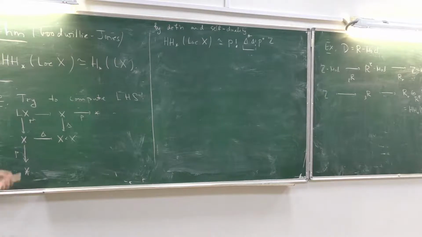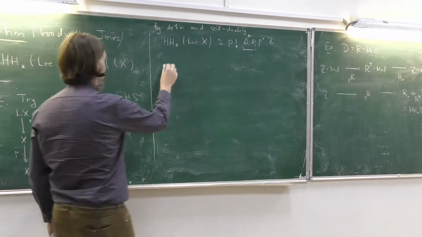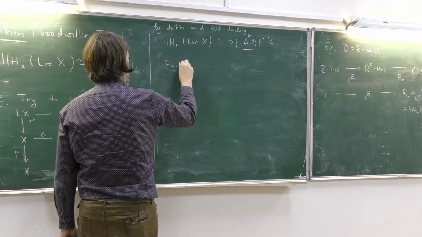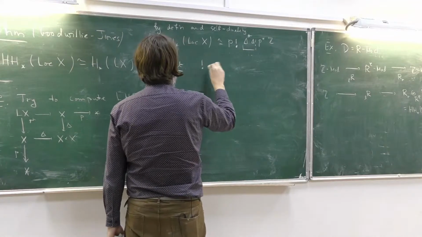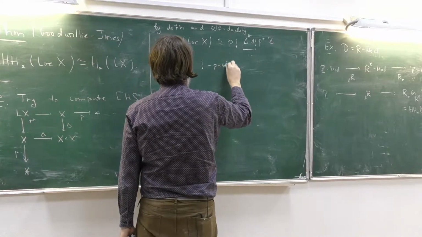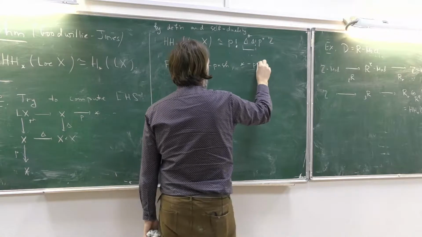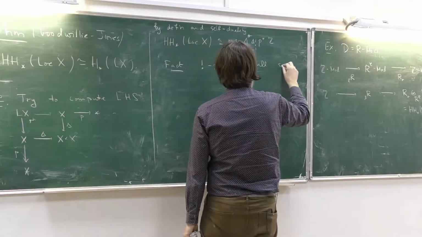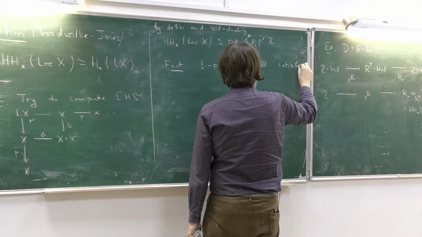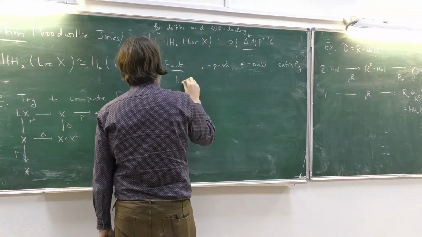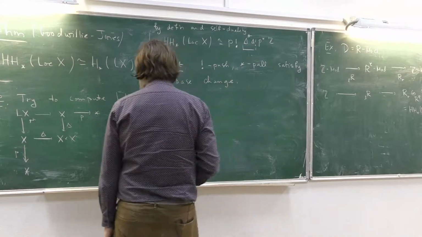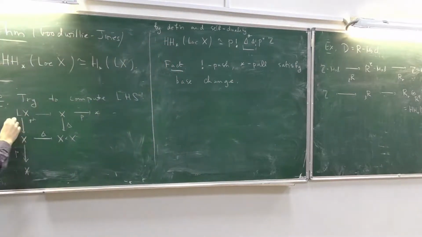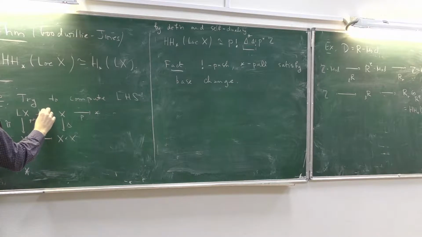And now we have a kind of push-pull in the middle here, and there's a base change formula for these. So, fact: shriek push forward and star pullback satisfy base change. In particular, let me give these maps names. Let's call this pi.